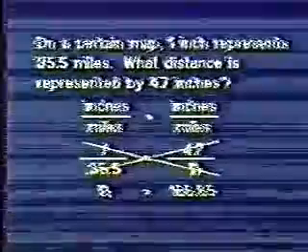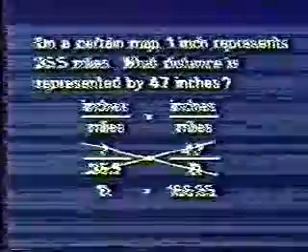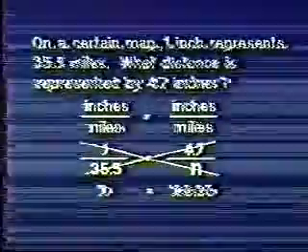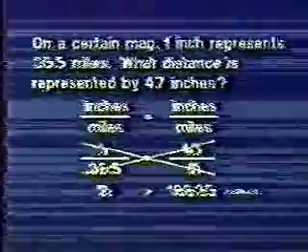And really we're finished here, but let's understand what N stands for. Notice that the bottom of our right side fraction was some number of miles, so this is 166.85 miles. And we can write our answer. 166.85 miles is represented by 4.7 inches on the map.